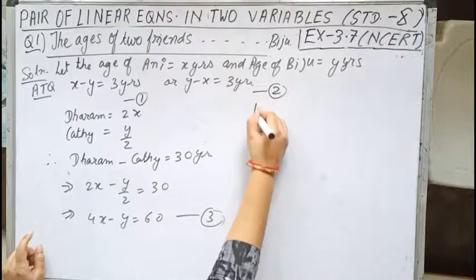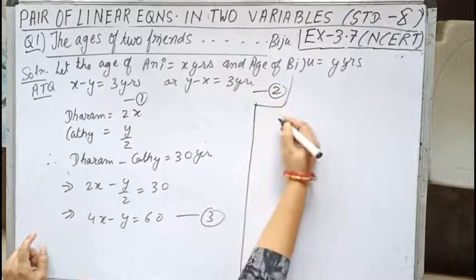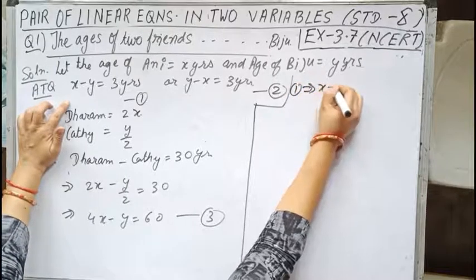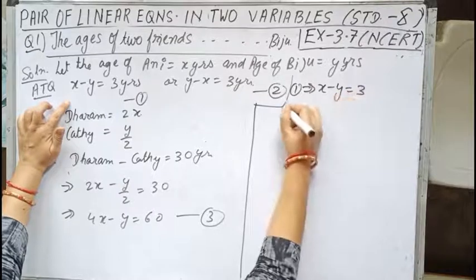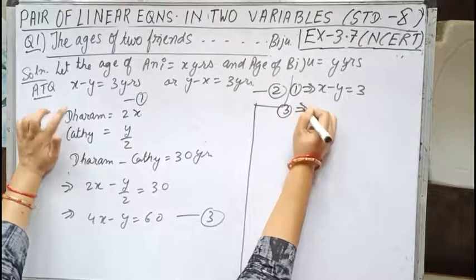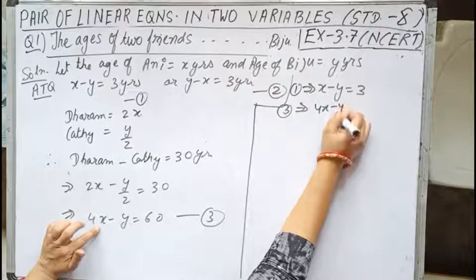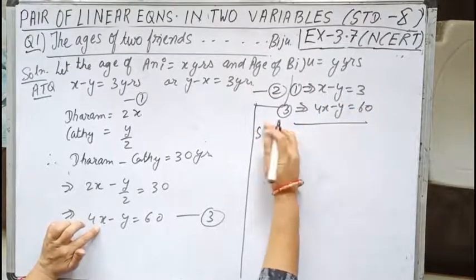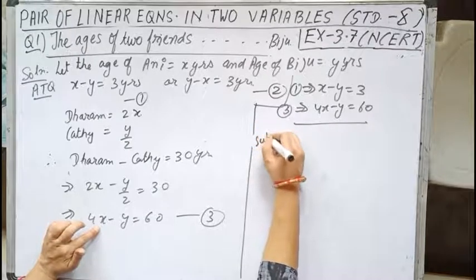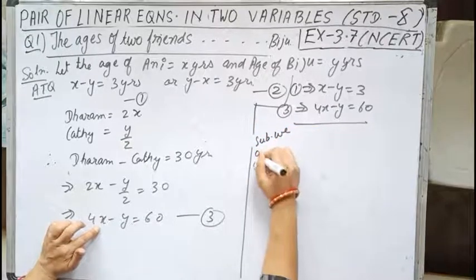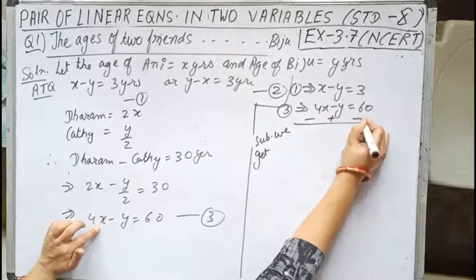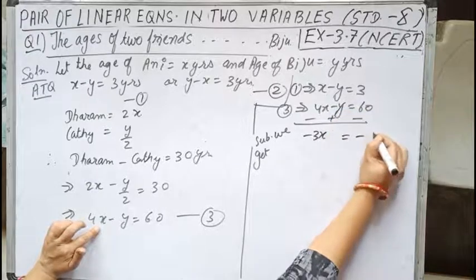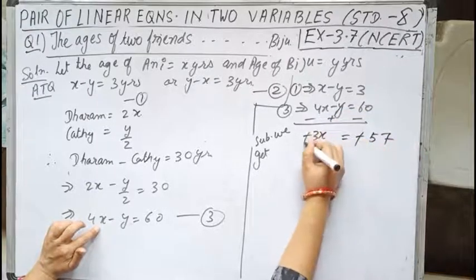So let us start. Equation 1 implies x minus y equals 3, and equation 3 implies 4x minus y equals 60. Let us subtract because the coefficient of y is the same. Subtracting, we get minus 3x equals minus 57. Minus minus cancel.